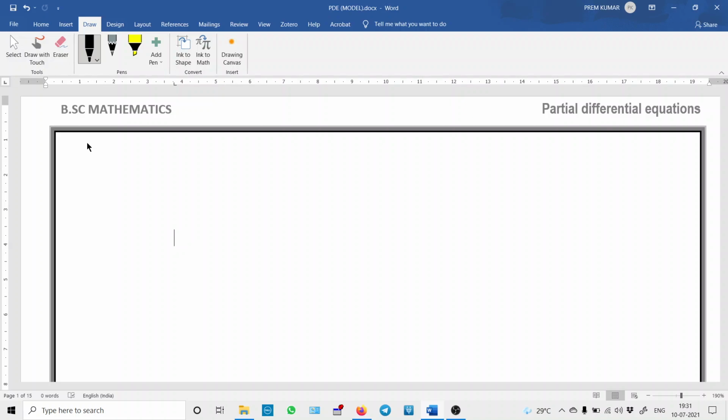First, we already discussed what a partial differential equation is. Now, what is a linear partial differential equation?